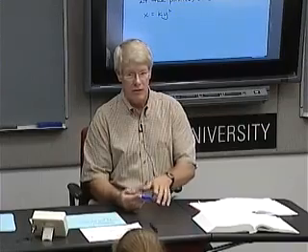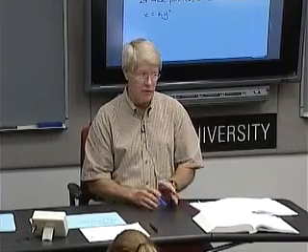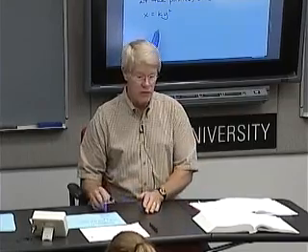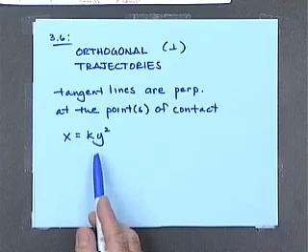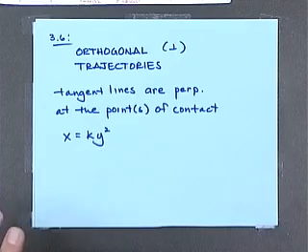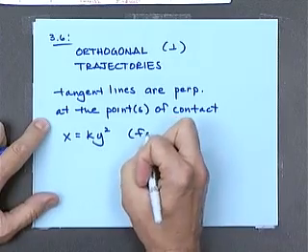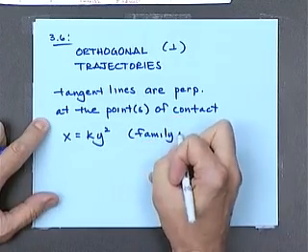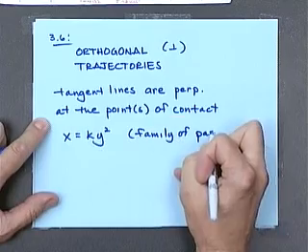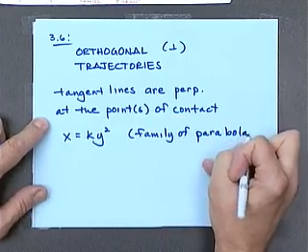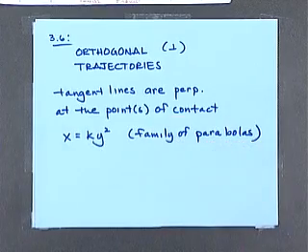These are parabolas. Now, normally you see y equals x squared, right? This is the other type of parabola where x is equal to y squared. So these are the parabolas that are not functions. These are the open right or open left parabolas. So this is a family of parabolas.